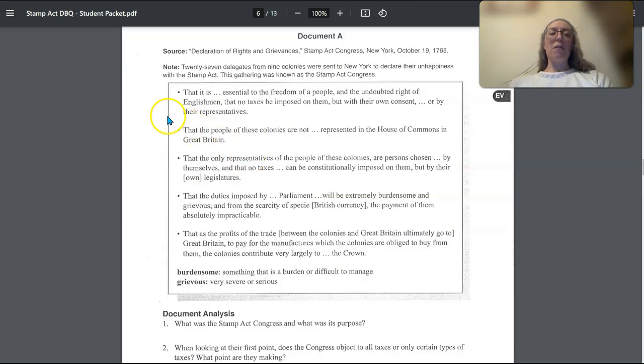So let's read the first bullet point. Point 1. That it is essential to the freedom of a people and the undoubted right of Englishmen that no taxes be imposed on them, but with their own consent or by their representatives. So this but here means unless they have.